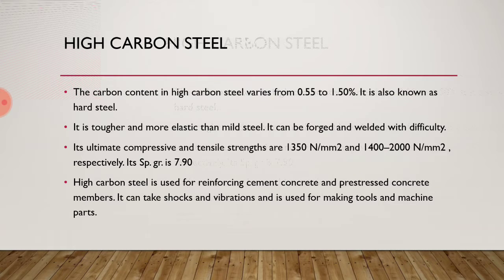And for that reason, it is also known as hard steel, because as we mentioned earlier, the carbon content increases its strength but also reduces its ductility. For that reason, it is tougher and more elastic than mild steel and can be forged and welded with difficulty. Due to its high carbon content, it is harder to weld and forge.